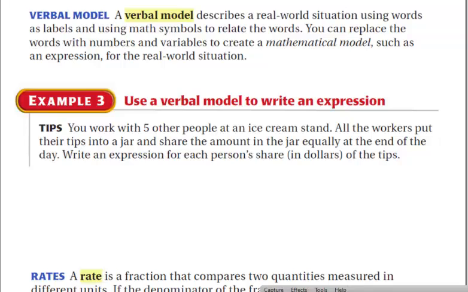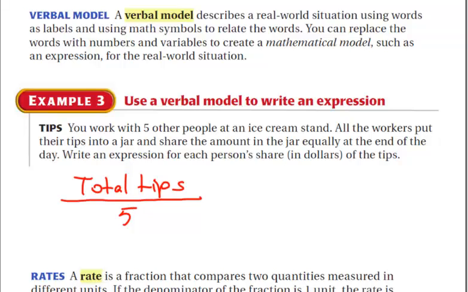So basically we have to write the total tips divided by the number of people, 5. So actually we have to put 6 instead of 5 because you work with 5 other people. So 6. The total tips in jar divided by number of people.